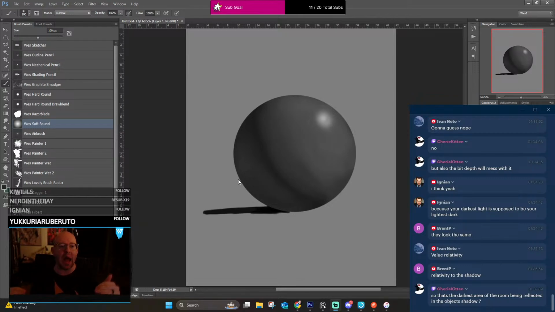It can't be lighter than the darkest part of a midtone, or else it looks wrong. We already looked at it. It looked wrong. So that's the darkest area of the room being reflected in the object's shadow. So no, of the room being reflected. Well, it depends on the room, but really it's just what's around it.